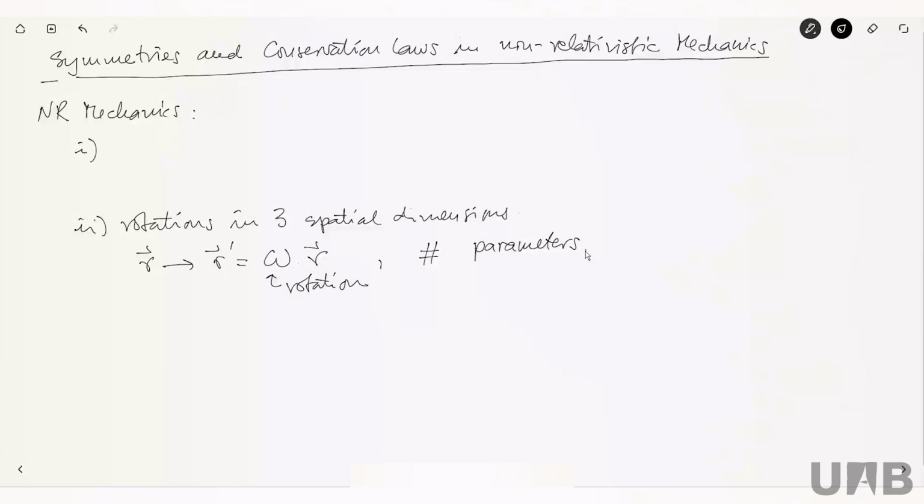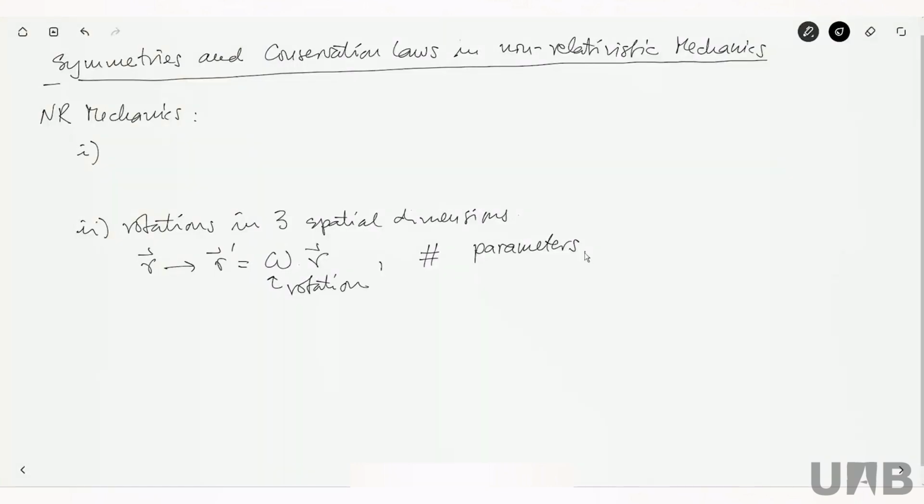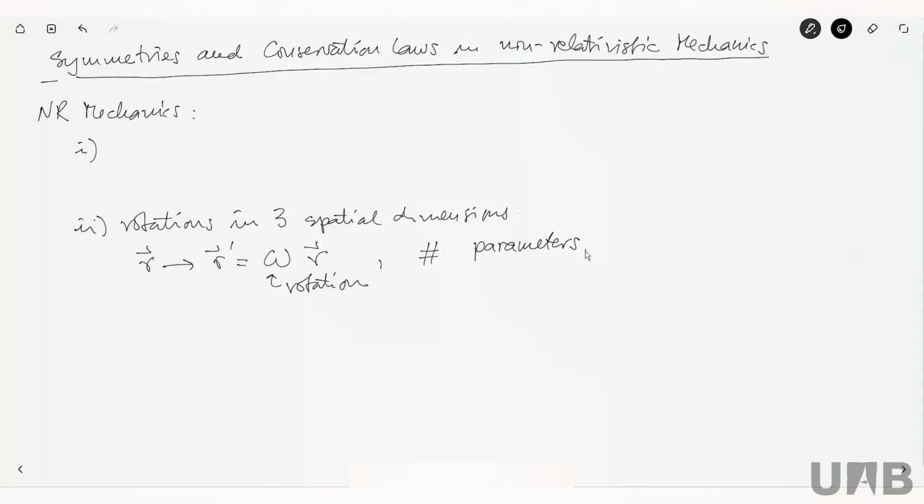Why not 9 or 4? Well, 6 because it has to be the same as its transpose. So what does it have to be the same as its transpose? So what do you mean? Why do you say 6? How do you count these 6 parameters?